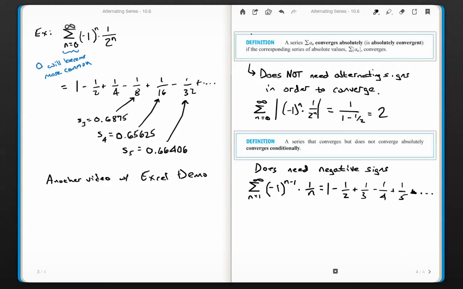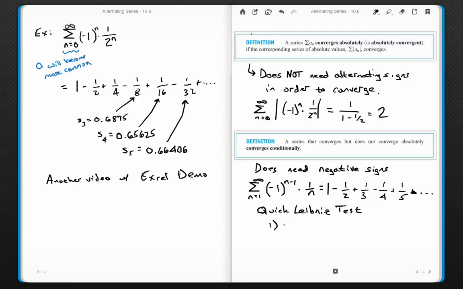Now this one does converge. Let's do a quick Leibniz test of this one. What did the 3 conditions of the Leibniz test say?